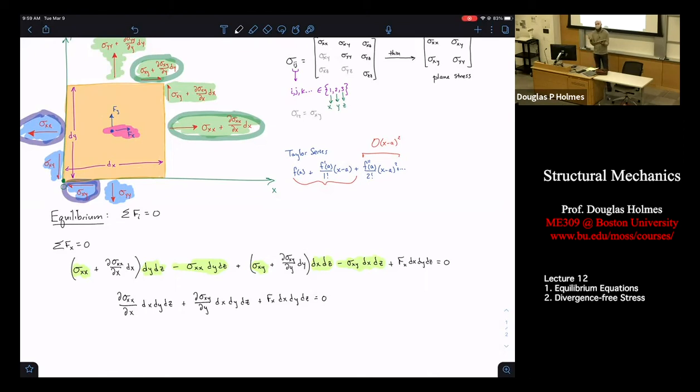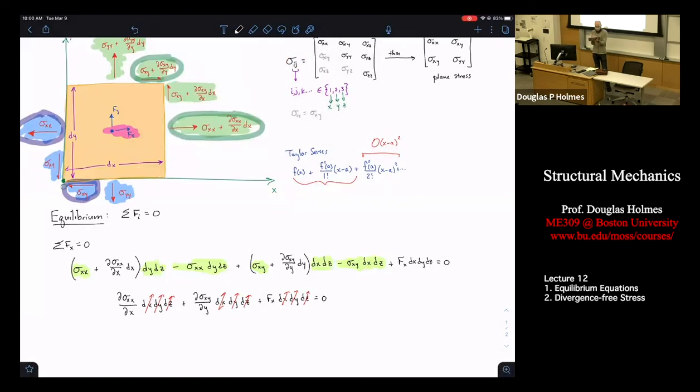And all of those things add up to equal 0, which means we could factor out the dx, dy, dz, and we could actually say it goes away. It moves to the other side, which is equal to 0. So these things disappear.